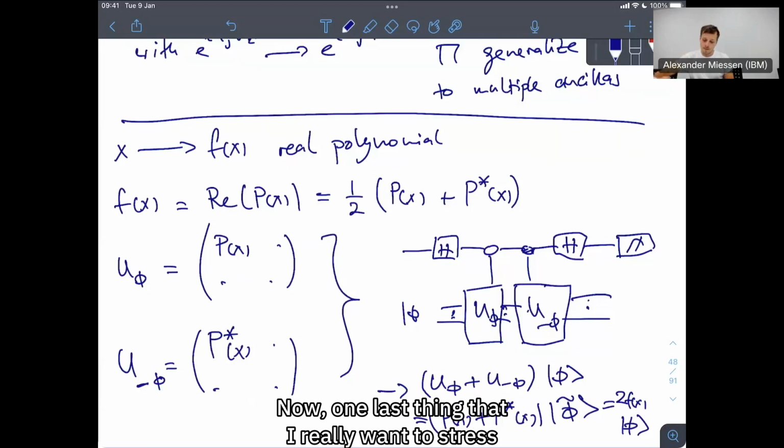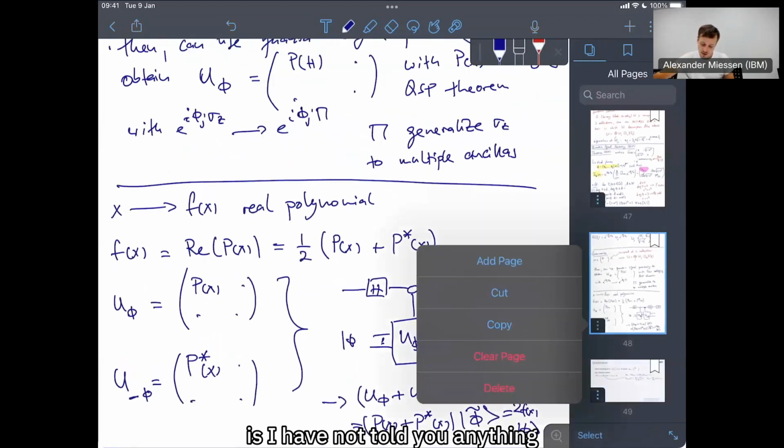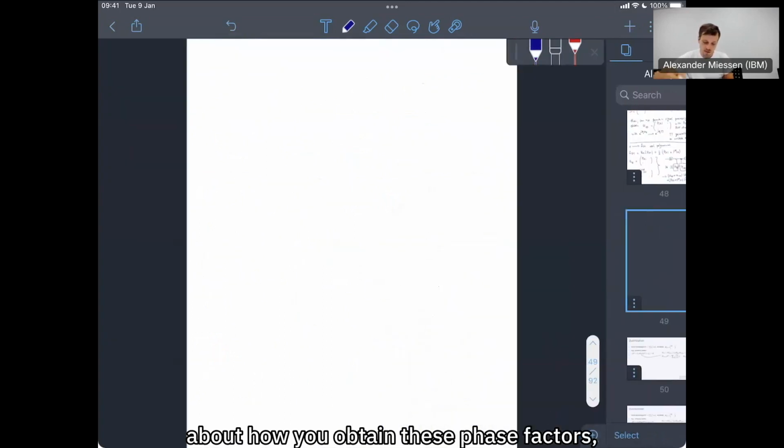Now, one last thing that I really want to stress is I have not told you anything about how you obtain these phase factors, but it might not be obvious, it's very simple once you see it.